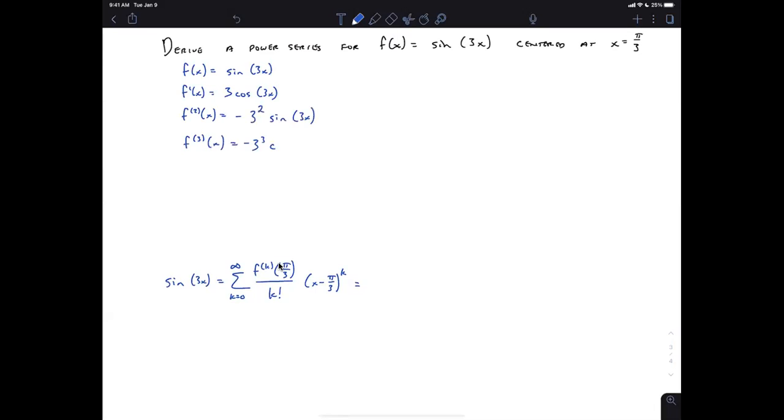It would be 27, but negative 3 to the third cosine of 3x. The fourth derivative is positive 3 to the fourth sine of 3x. The fifth derivative is 3 to the fifth cosine of 3x, and that's going to keep going.